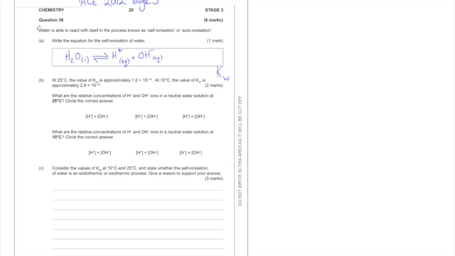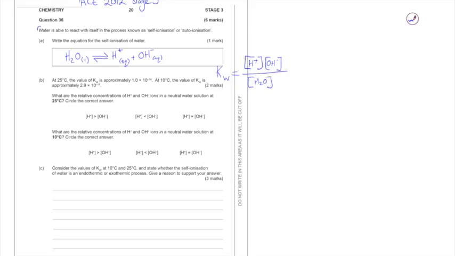And hopefully you can work out what that, guys, looks like. We're used to writing KEQ, so we're going to do the exact same process here. We write the concentration of our products up the top, which is H plus times OH minus. And then down the bottom, we're going to write the concentration of our reactants, which is H2O.